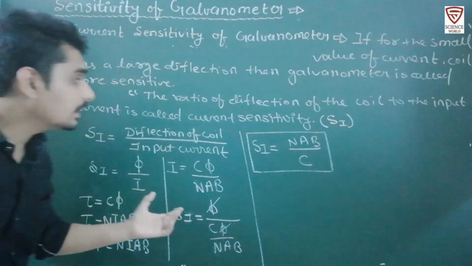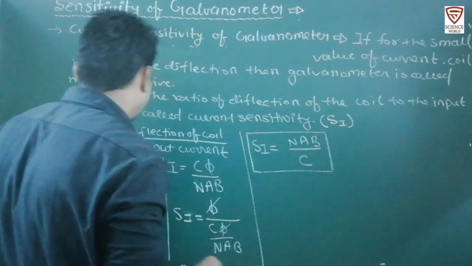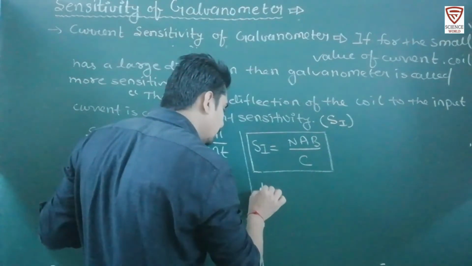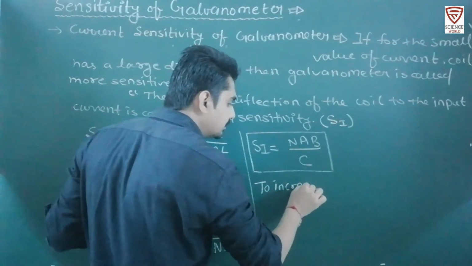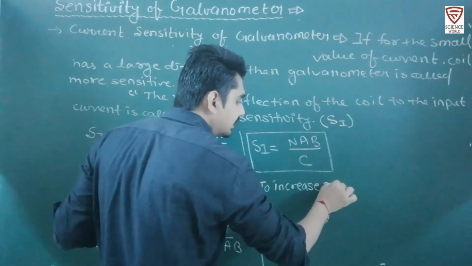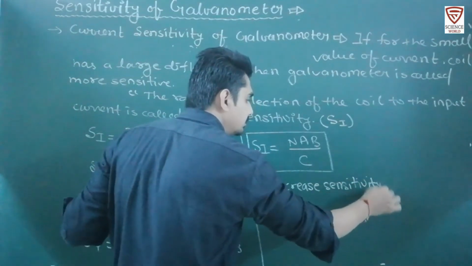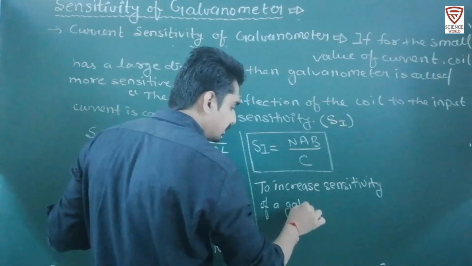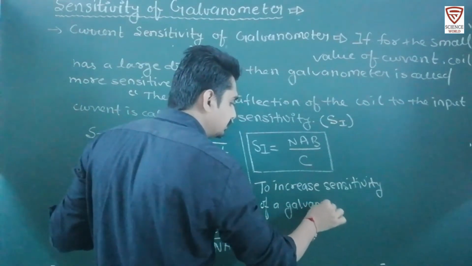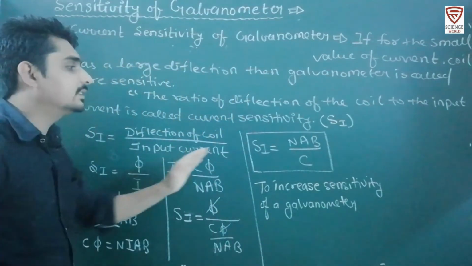So how can we increase sensitivity of a galvanometer? We will find it out. How can we increase current sensitivity?